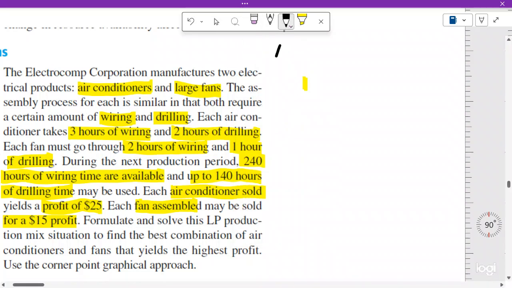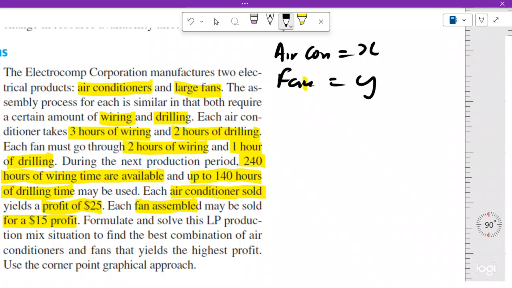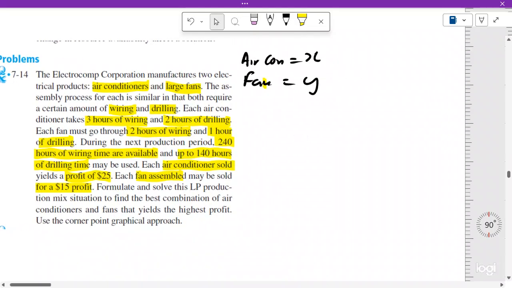For air conditioner, aircon, equals X. Then fan equals Y. Right. Now we want to extract that information. We haven't yet started writing our objective function. You can go straight into it if you want to, but it's easier to start with extracting the information that you need. First of all, we know that there is X and there is Y.